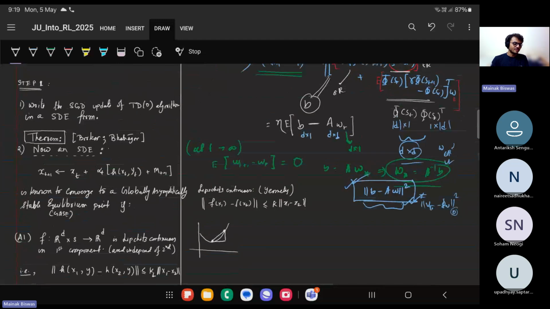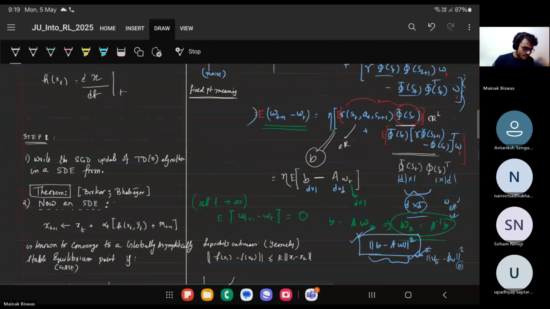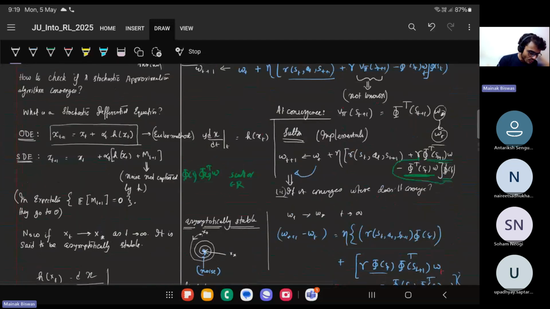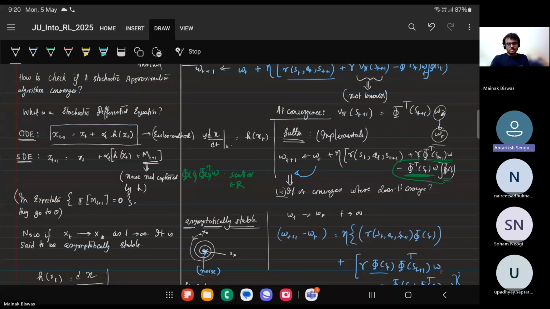like bandits. So we want this noise term to be zero in expectation. That's what you were saying, Antariksh? Yeah, we did that for bandits as well.